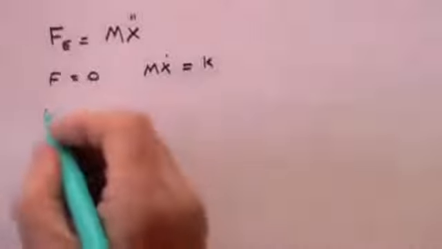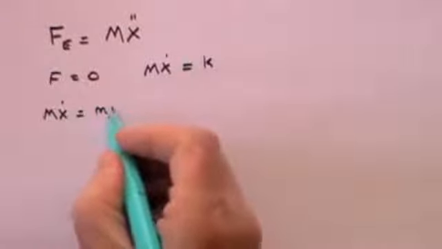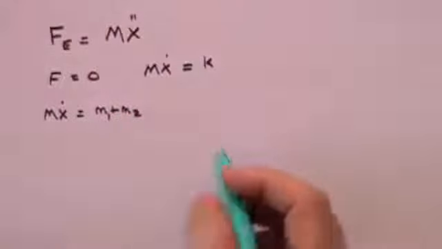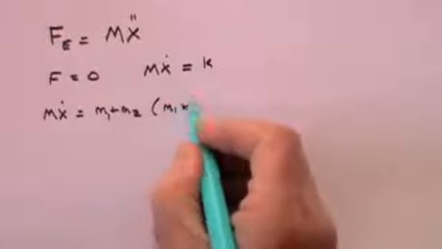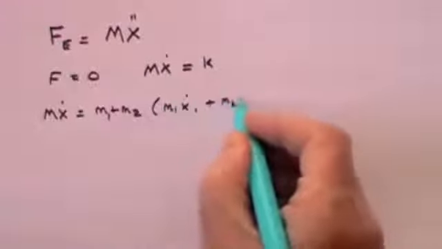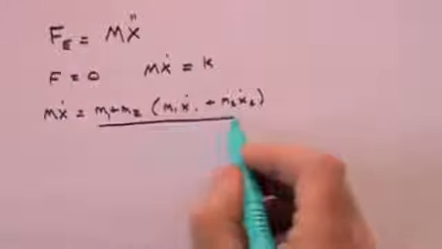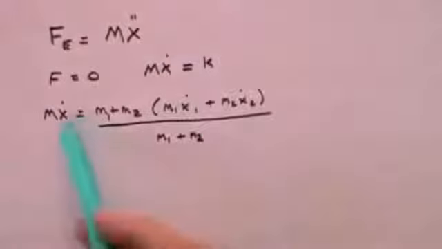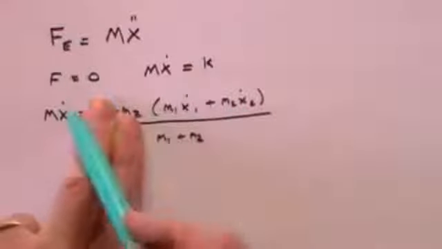What is m x dot? Well, that's going to be the mass, which if we just think of our two masses as we had before, m1 plus m2, times x dot, which will be m1 x1 dot plus m2 x2 dot, divided by m1 plus m2. If we take out that term there, this is just x dot.